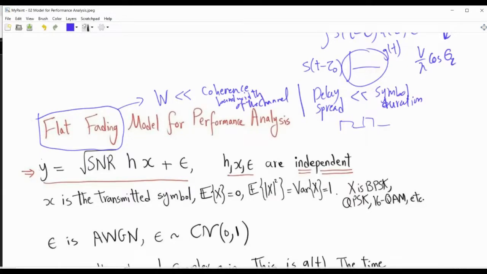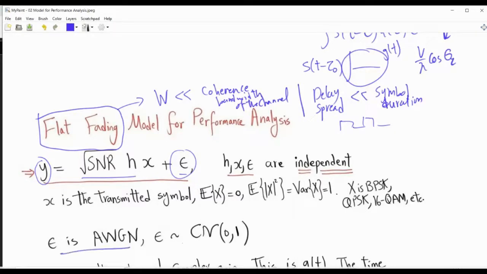So this is the received signal. The received signal is Y, and it has two components, as in communications. So basically, a signal component and additive white Gaussian noise. The additive white Gaussian noise will have normalized variance.